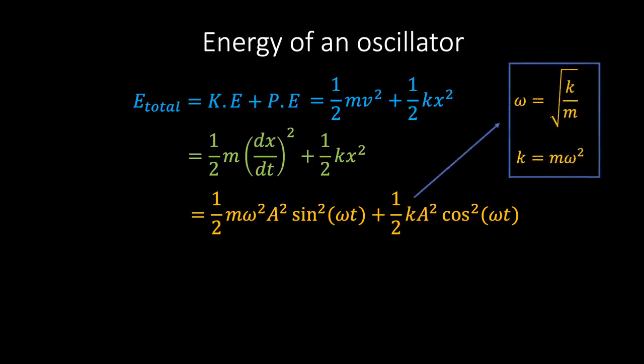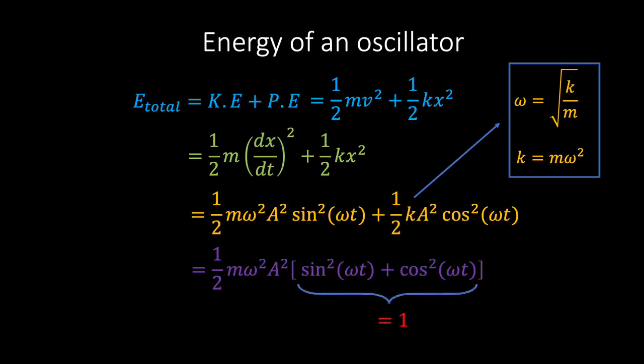The reason for doing this is that it allows us to pull out a factor of half m omega squared A squared, and then we see that the term inside the bracket is sine squared omega t plus cos squared omega t, which is simply equal to 1. And so once the dust is settled, we find that the total energy of our harmonic oscillator is equal to 2 pi squared f squared A squared m.